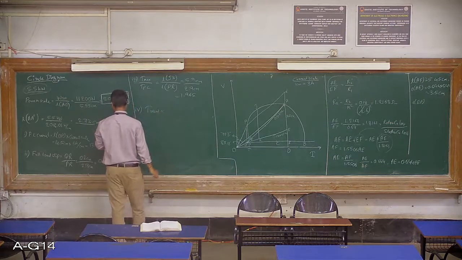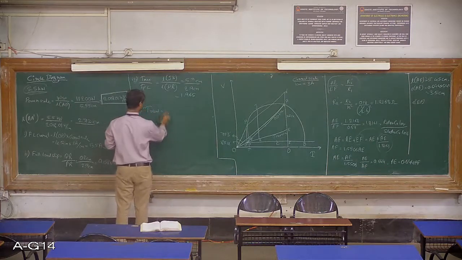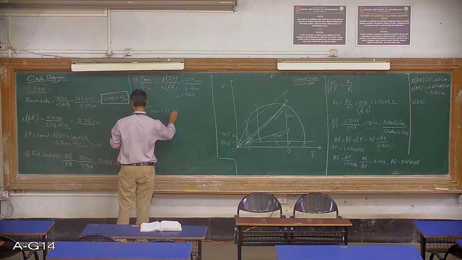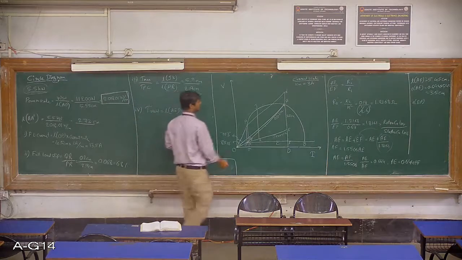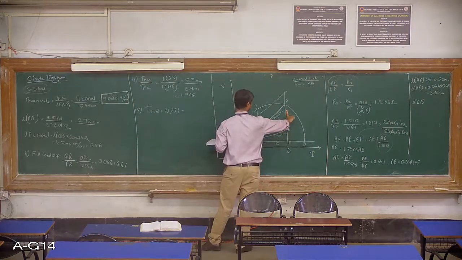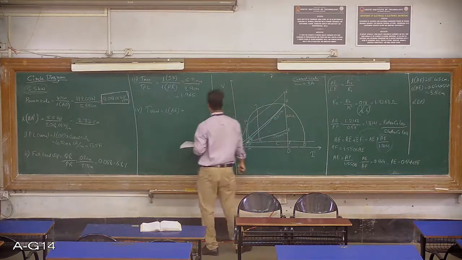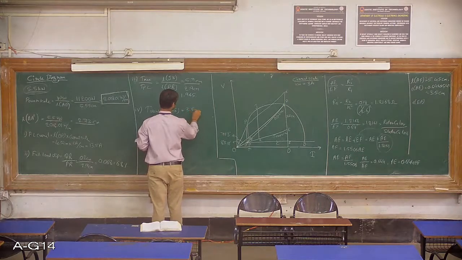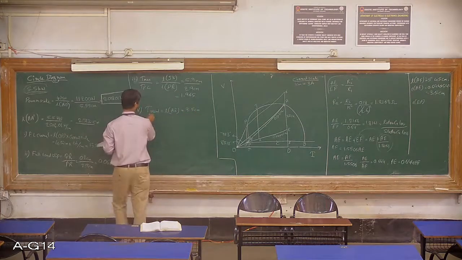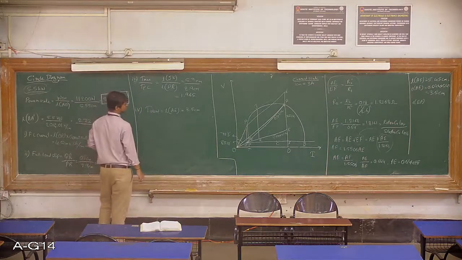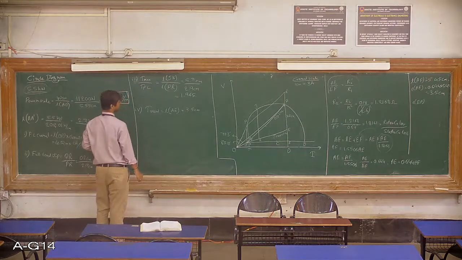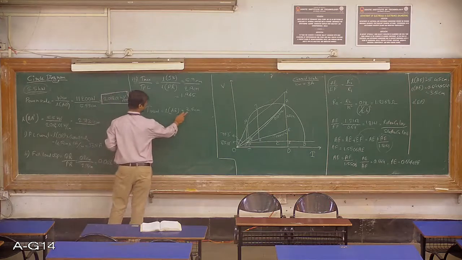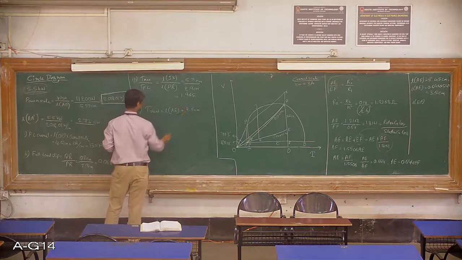For T start, we have the equation, that is length of AE. AE is rotor copper loss. This also gives us the starting torque. Now the length of AE is 3.5 centimeters, but I want the torque in terms of Newton meters. So to convert that, first I should convert this 3.5 centimeters into wattage.